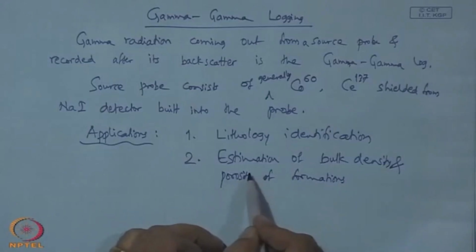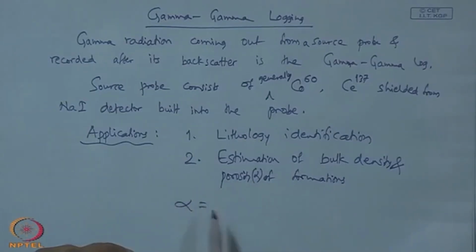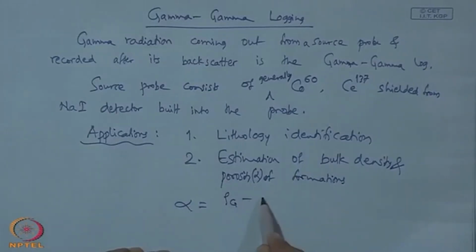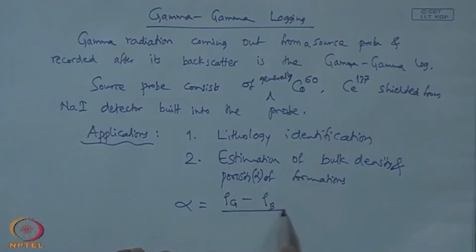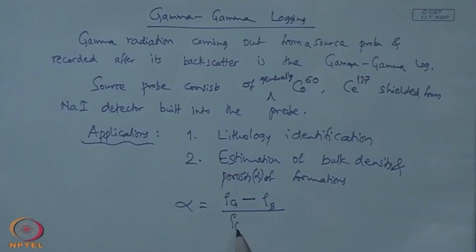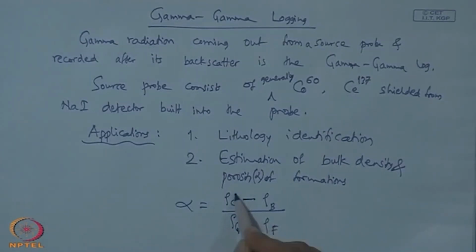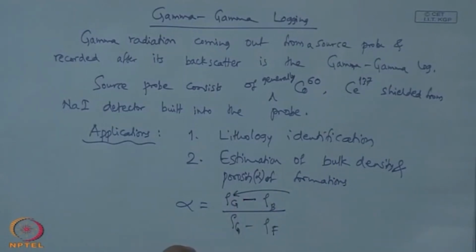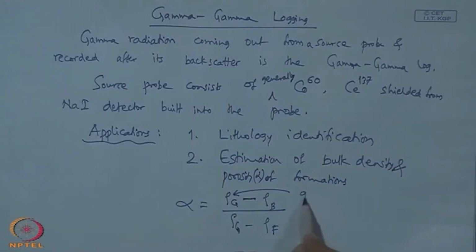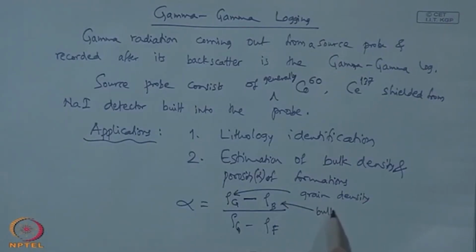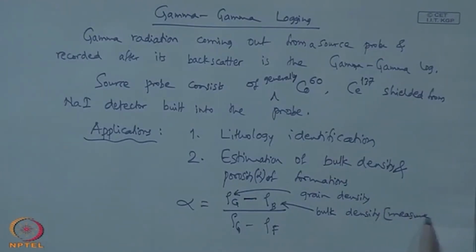If the porosity is denoted as alpha, then alpha can be written as rho G minus rho B divided by rho G minus rho F. Here rho G is the grain density and rho B is the bulk density, which is measured from a calibrated log.